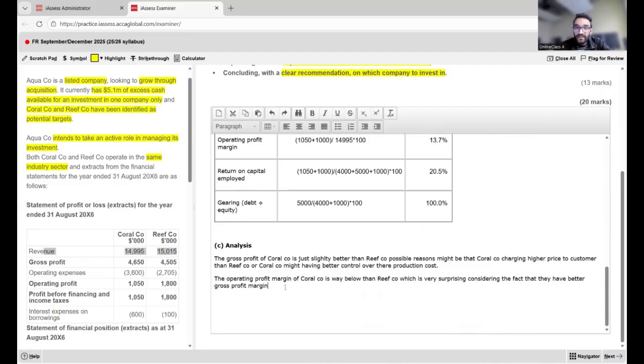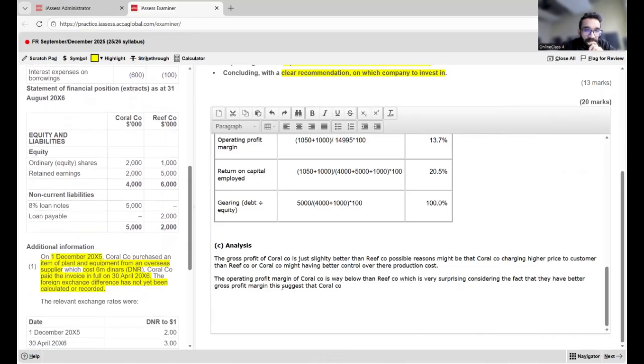So now this suggests that Coralco is not efficient enough when it comes to their operating costs.